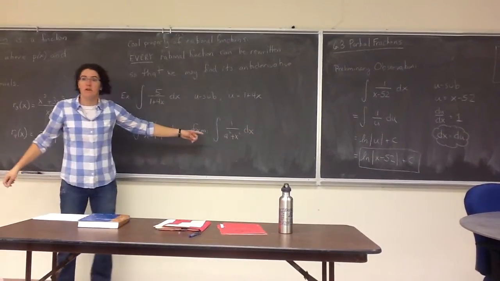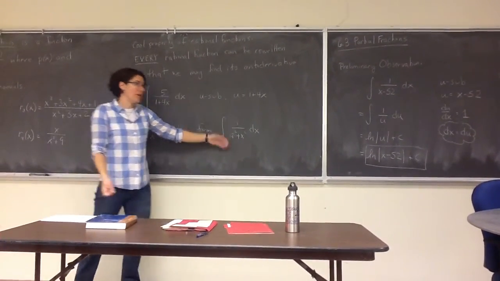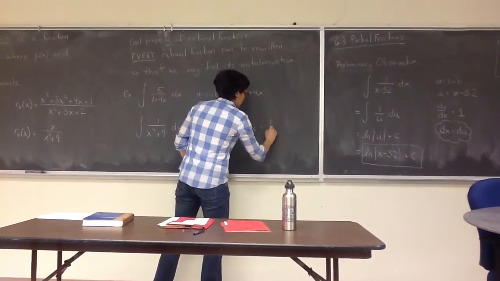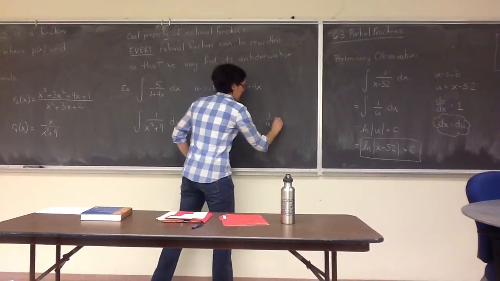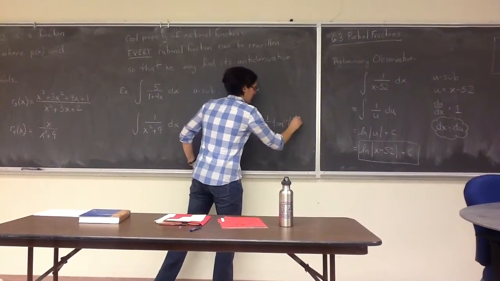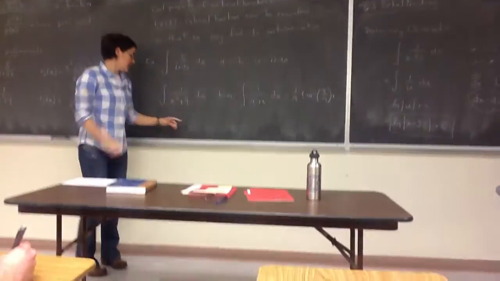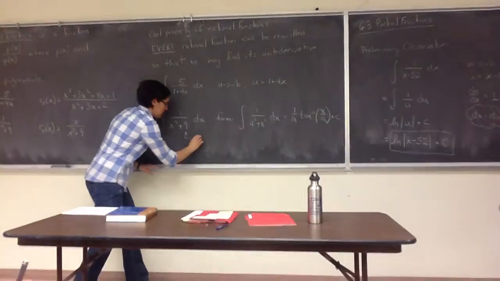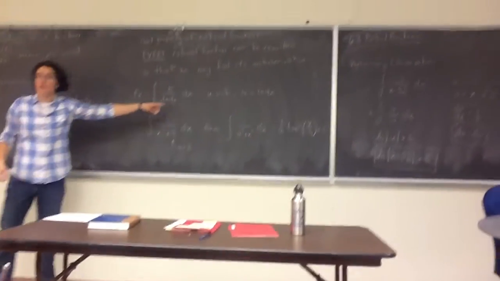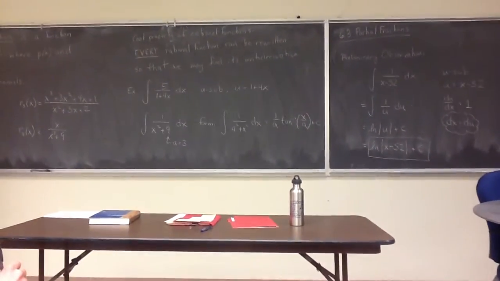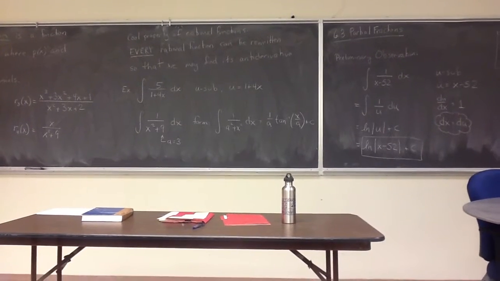Remember that our antiderivative is 1 over a times the arctangent of x over a. And so your a in this case is 3, and so you could work with that one. So this particular form, we know how to work with that rational function.